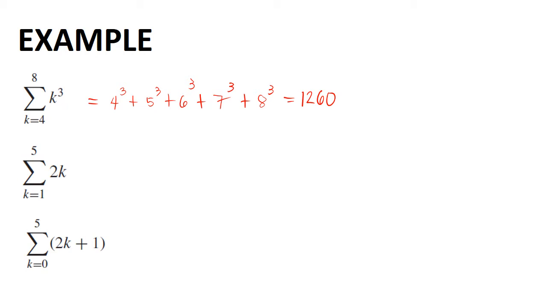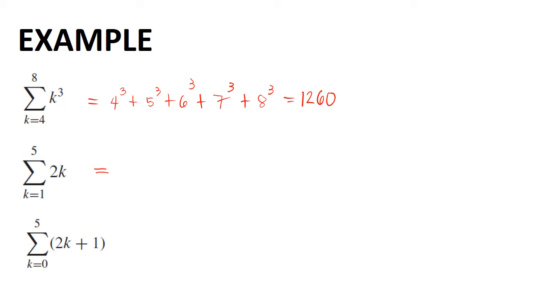See? Basic lang. So, hindi lang naman laging naka-exponent lang or a power lang, k squared at k cubed. Pwede rin po na product siya. Or any function, basta meron po tayong index na k. And again, hindi lang din laging k ang ginagamit. We can use other variables.